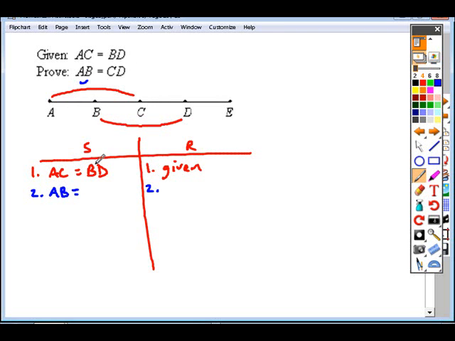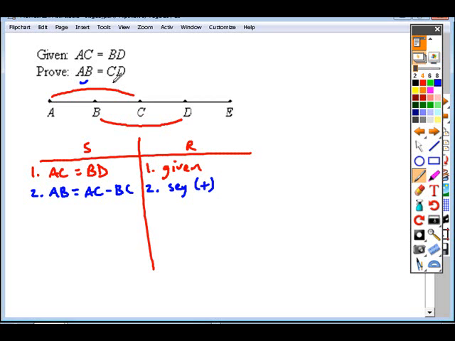So AB is equal to the whole, AC, minus the other part, BC. And the reason I chose those is I already have AC introduced, so I'm going to introduce it in terms of what I already have. So I already have AC in the proof, so I'm going to use that. And anytime you're talking about the sum of the parts equals the whole, or a part equals the whole minus the other part, that's always considered segment addition.